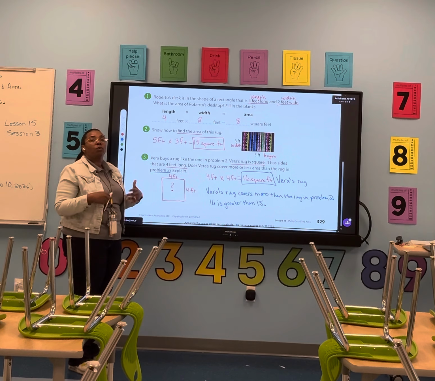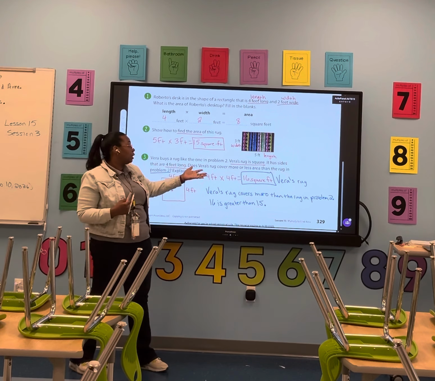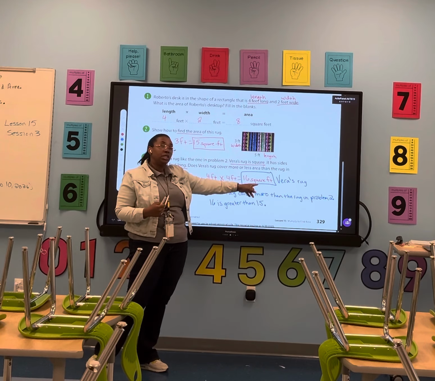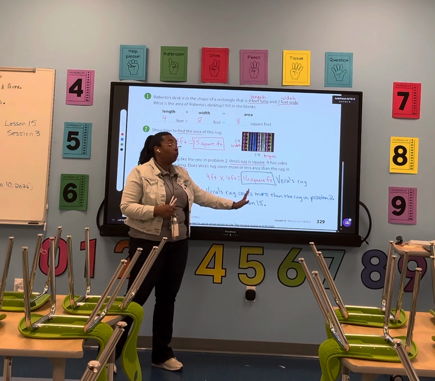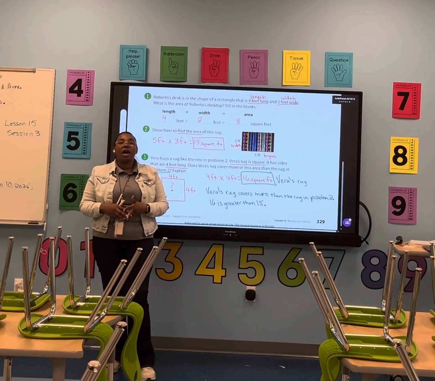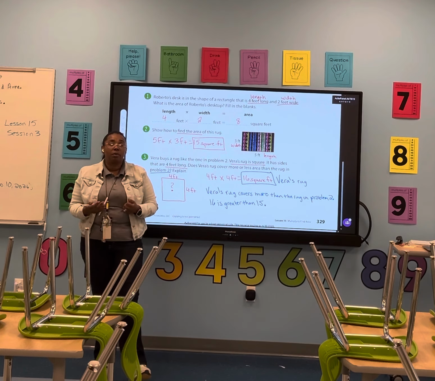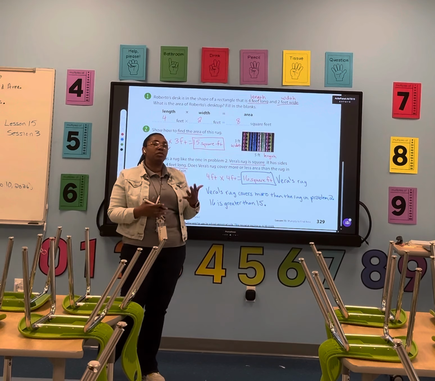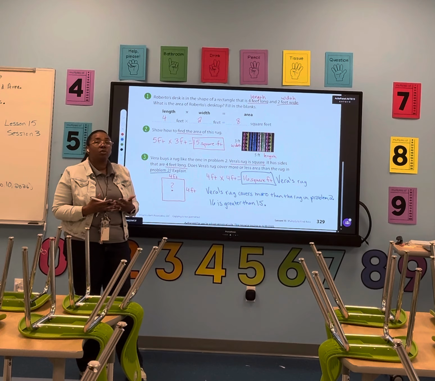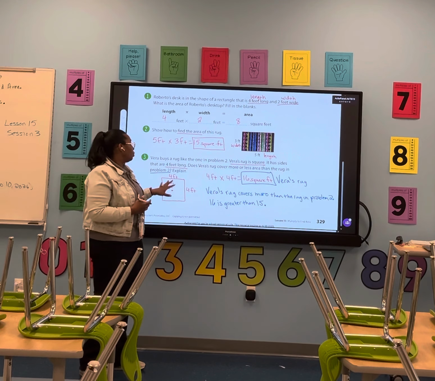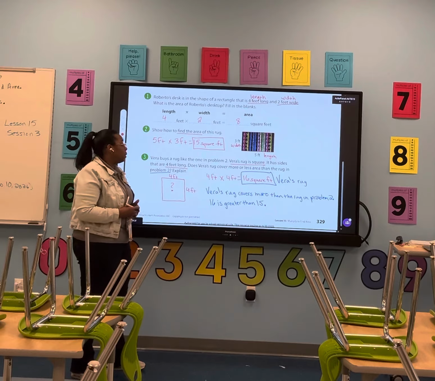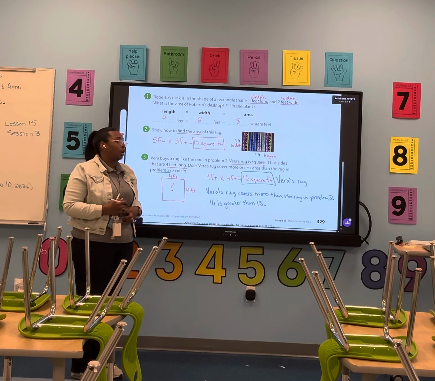Then the W is write: we write the equation, and then we write the word sentence. If you have all 3 of those things, then you have a complete problem. So we've been in the practice of trying to make sure we have all 3 of those things when we do a story problem. Make sure you guys are doing all 3.